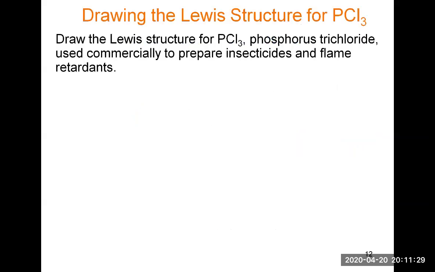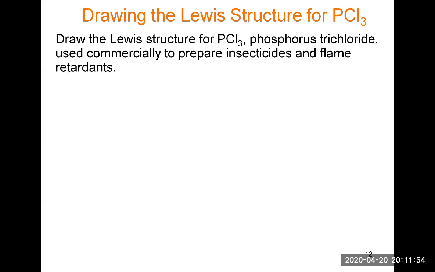So we will practice first with PCl3. Try to do this on your own before you watch the answer. Draw the Lewis structure for PCl3, phosphorus trichloride, which is used commercially to prepare insecticides and as a flame retardant.